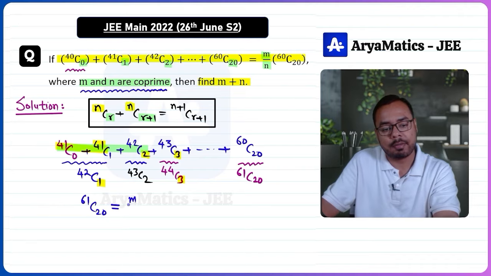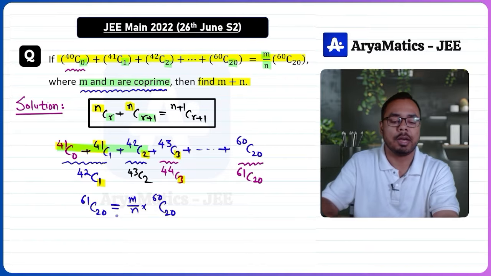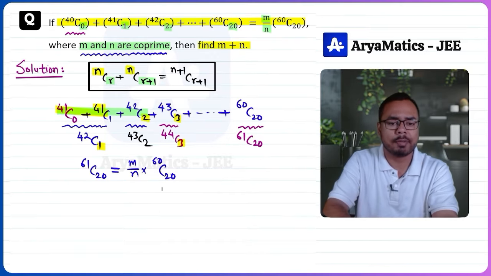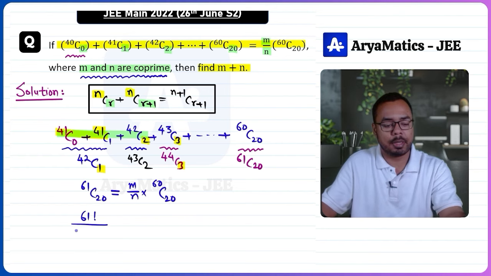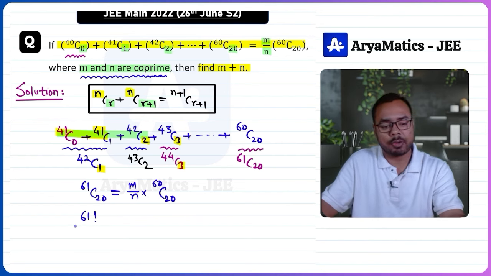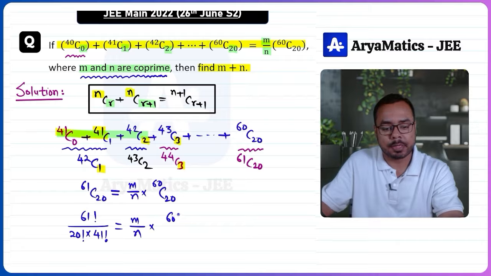On the right hand side, we have m by n multiplied by 60C20. Now we have to use the definition of nCr. So 61C20 is 61 factorial divided by 20 factorial multiplied by 41 factorial, that is 61 minus 20. On the right hand side, we have m by n, and then 60 factorial divided by 20 factorial into 40 factorial.